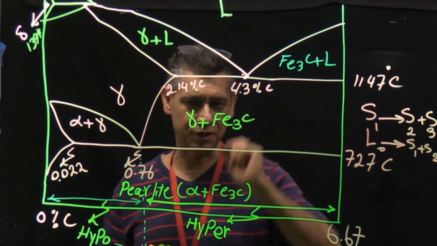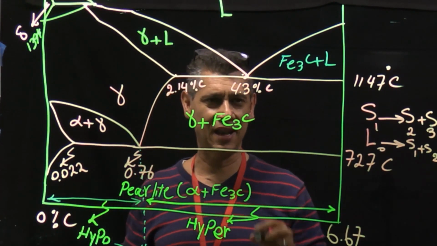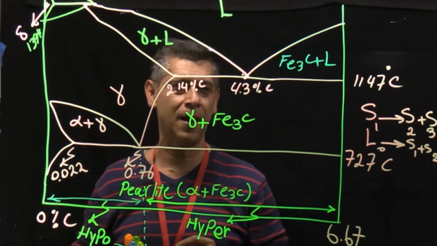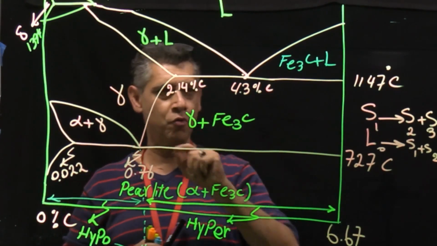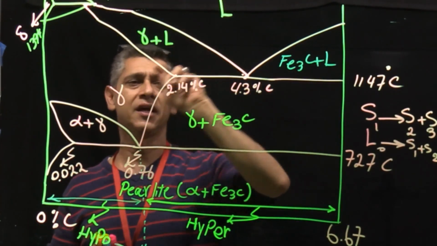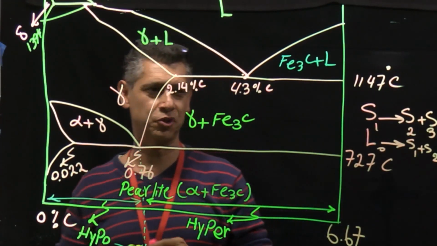One of the characteristics of the eutectic, as we mentioned in class, is that it has the lowest melting point. In this phase diagram, if someone asks you to show the lowest melting point, you find the point where you have liquid at the lowest temperature.